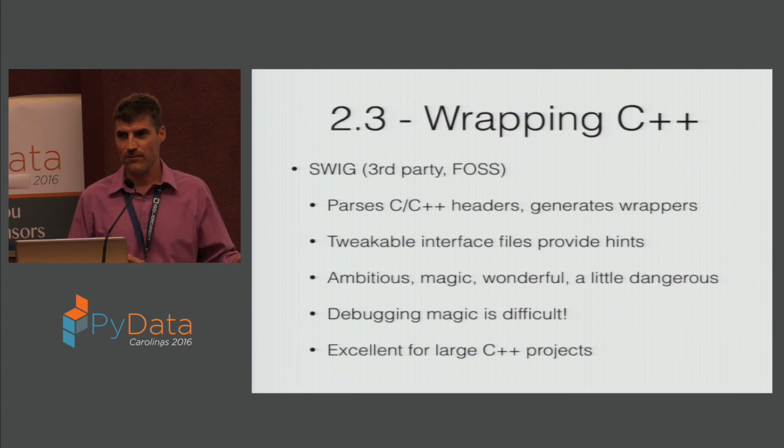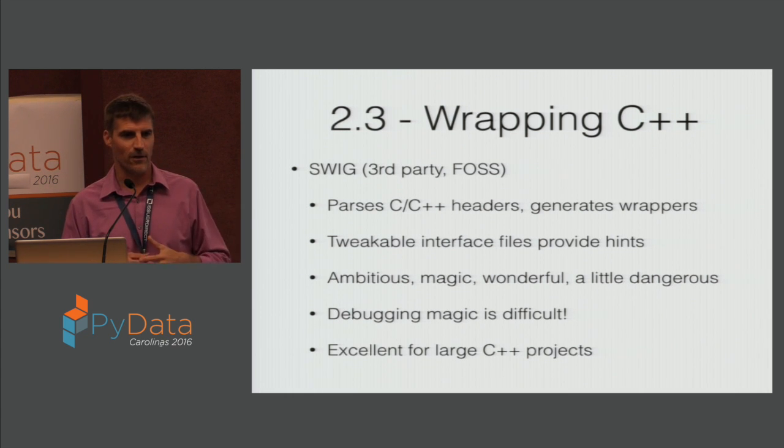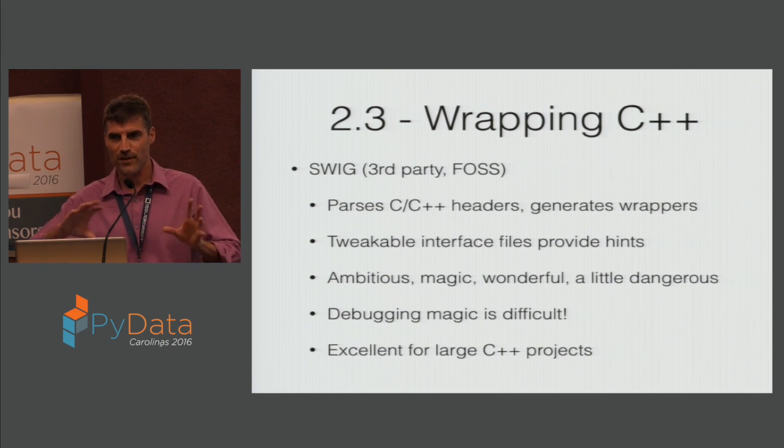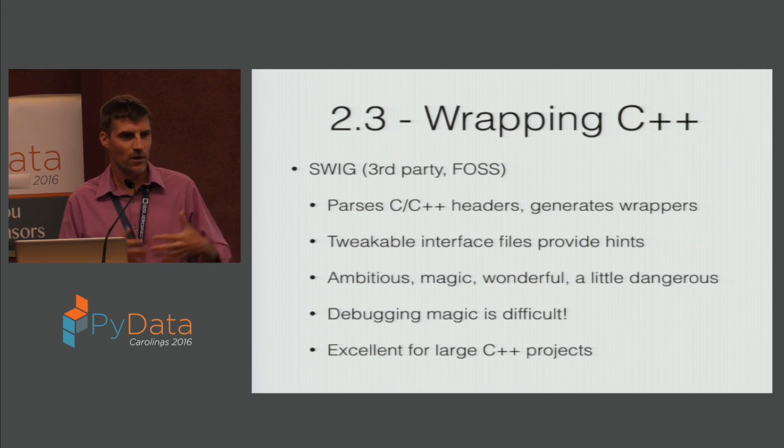Python is garbage collected. Python has no explicit alloc and free. And so you can run into problems where Swig is trying to figure out how it needs to deallocate objects and not leave them hanging around in memory. And if it gets those guesses wrong, you get some weird seg fault when you access some memory that's been released when it shouldn't have been. That can be pretty hard to debug. And that means you have to dig into Swig's interfaces, and that can get a little messy.